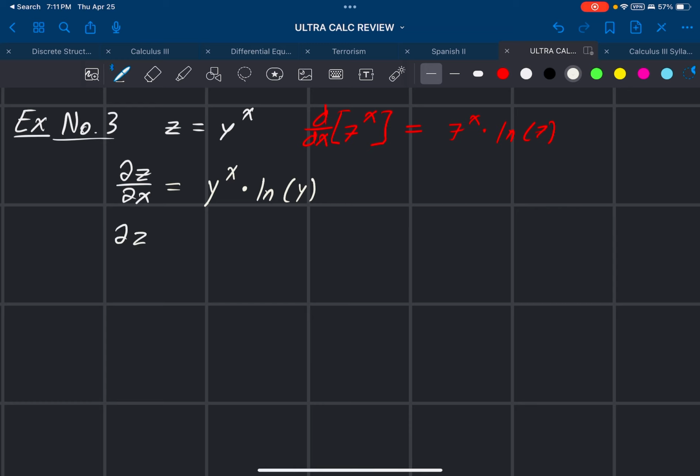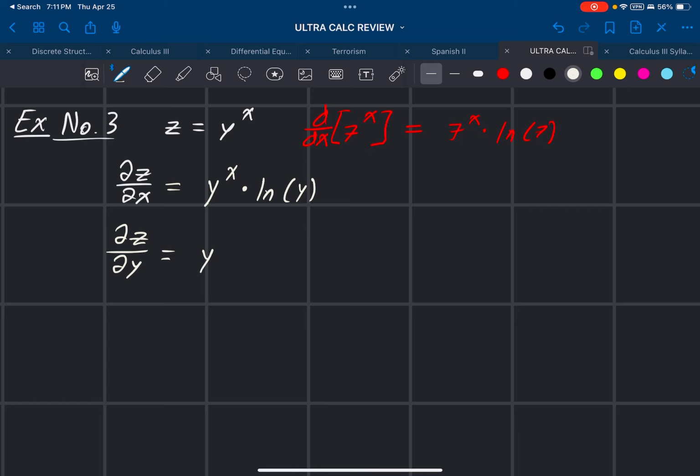Now, let's say you want to do the partial derivative with respect to y. Now, the y is down here. So, for this example, think of it like this.